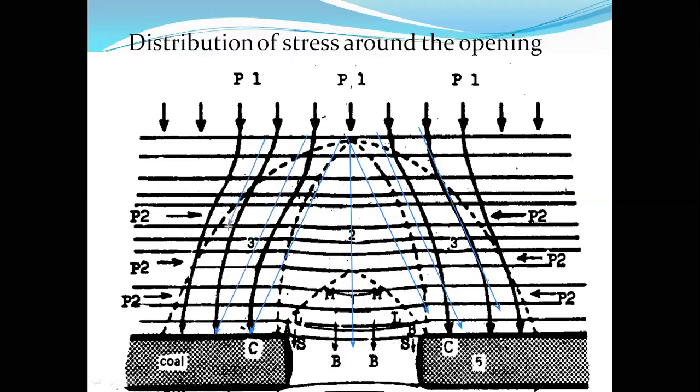The stress that got redistributed and acts on the edges of this opening, the edges of the opening being this portion, this part, and this part, that is, the stresses that got redistributed and acting on the edges of the opening, is known as abutment pressure.